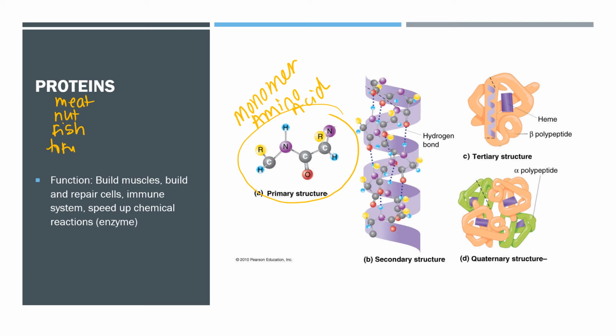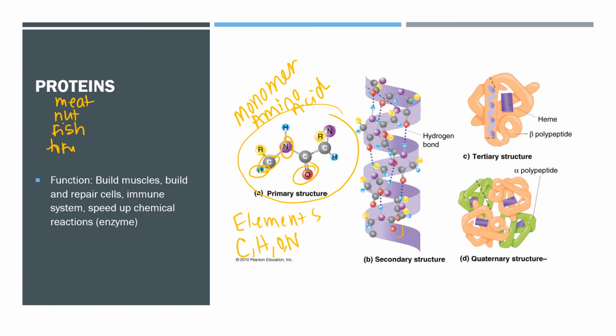All right, and let's look for the elements. What elements are in this amino acid? I have a C, an H, an O, and then this random R group. Although the R group is just a placeholder because that one changes all the time. So we have C, oh, and I forgot one, an N. CHON. So carbon, hydrogen, oxygen, and nitrogen are all found in proteins.